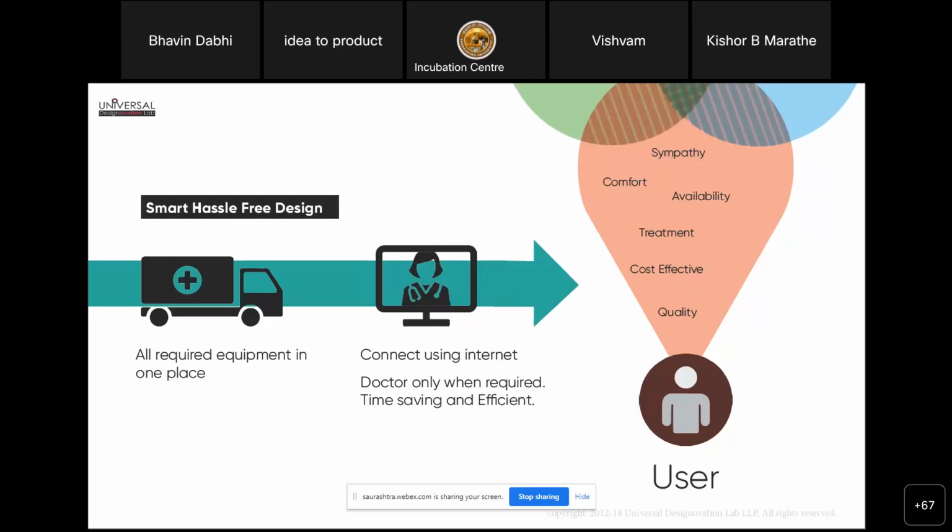So when we say medical equipment and medical services, maybe with some physical presence of medically trained staff and virtual presence of level 1 and level 2 doctors, it can be possible on a hospital on wheels, or medical facilities on wheels, and can be available within a 100-kilometer circle.